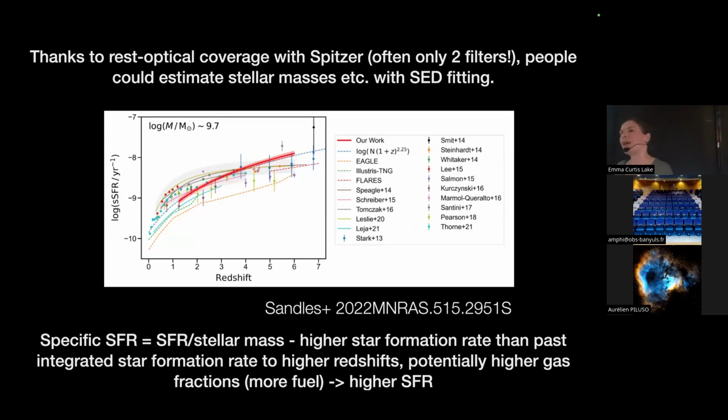We were all in a pickle, and all the theorists were getting very excited, but it was just the emission lines. But that's really interesting in itself. So it's a higher star formation rate compared to the past integrated star formation in that galaxy. So maybe this is higher gas fractions, more fuel, maybe higher star formation efficiencies in high redshift galaxies.